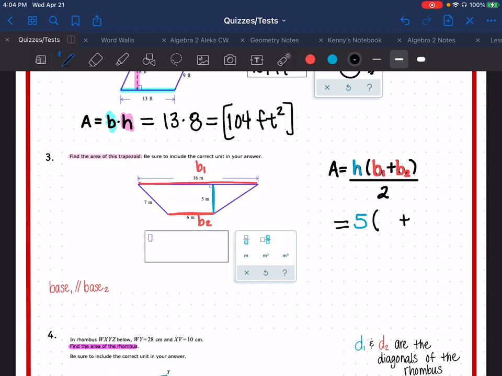Let's see. I'm going to add 16 from the top plus 6 from the bottom. 16 plus 6 and 6 plus 16 are exactly the same thing, so it's okay. And then I'm going to pop that into my calculator, and I'm going to get 55 meters squared.